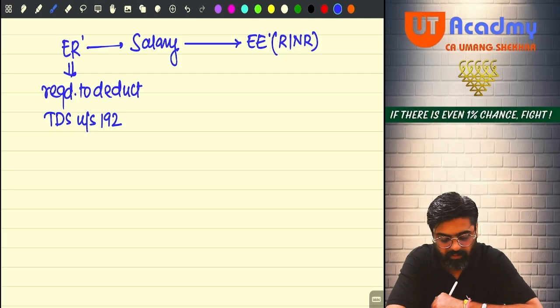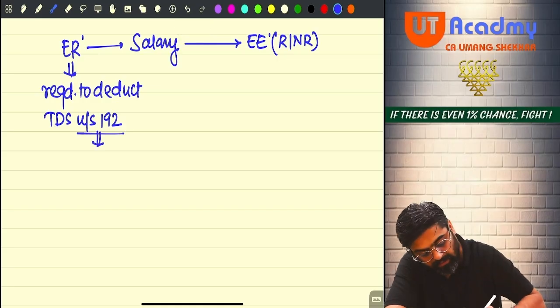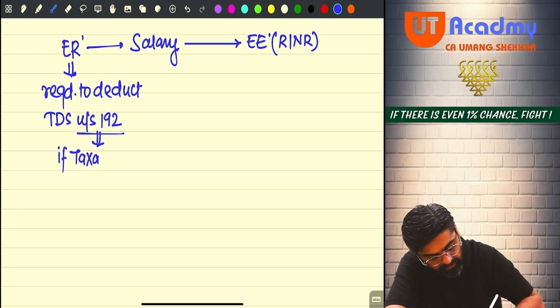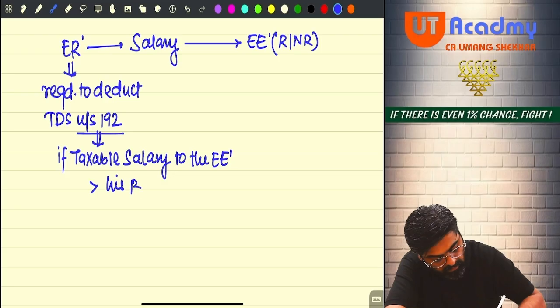So, the employer is required to deduct TDS under section 192. And as per the provisions of section 192, if the taxable salary given to the employee is greater than his basic exemption limit.